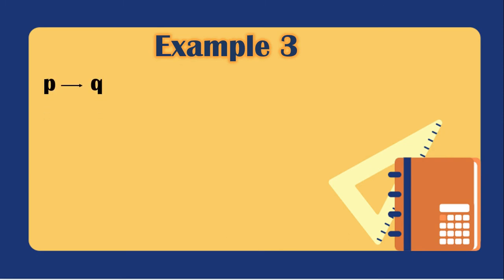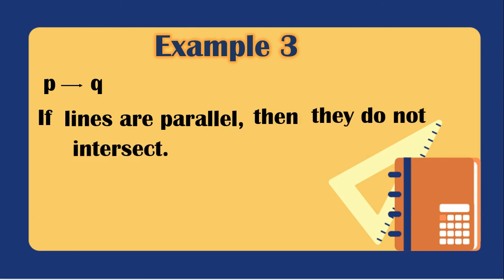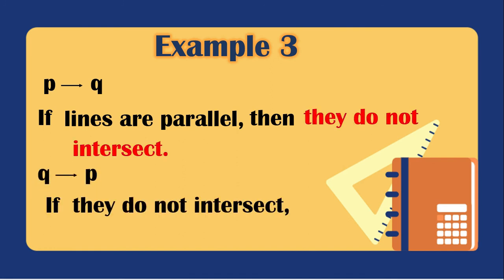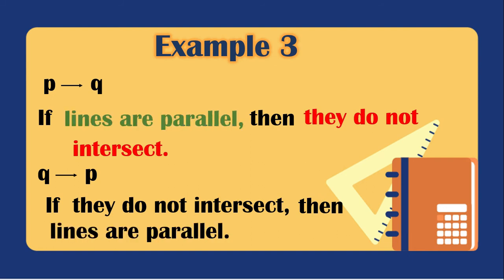Our conditional statement is, if lines are parallel, then they do not intersect. Our converse statement will be, if they do not intersect, then lines are parallel. So this is the converse statement of example number 3.